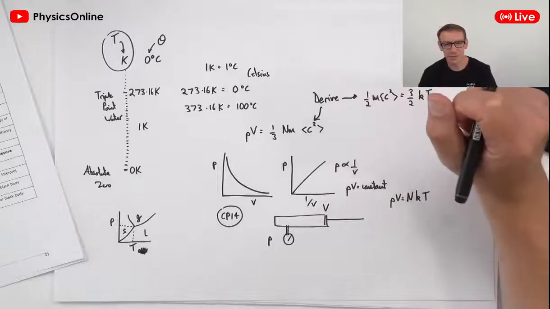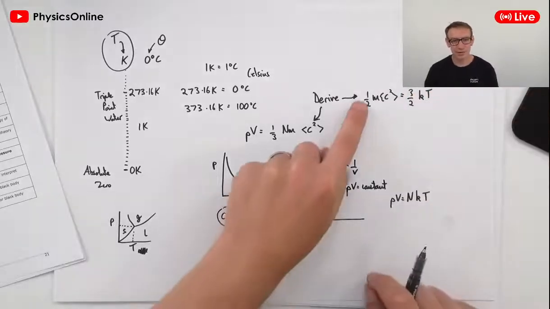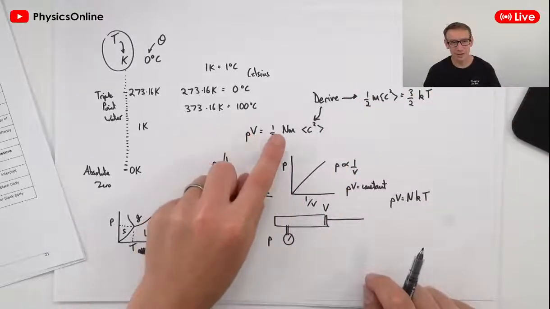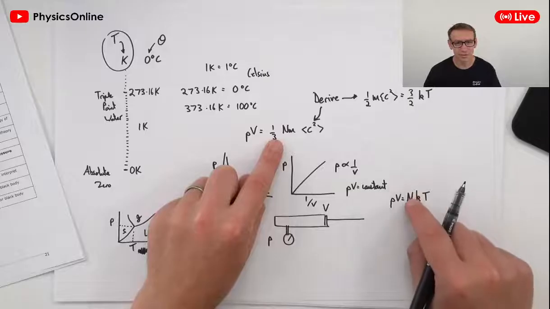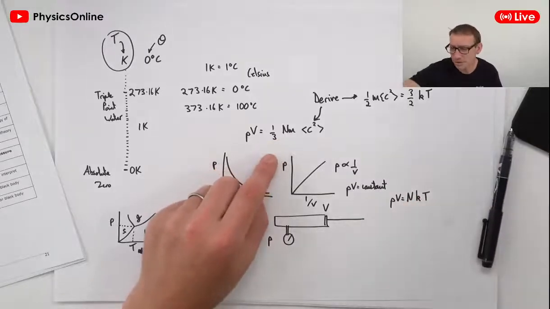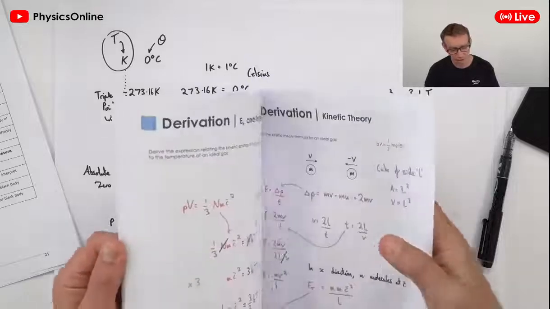I'm not quite sure. Okay, now to derive this one over here, we basically say that this thing here is equal to this thing over here. Is that right? So again, in my derivation booklet, let's have a look.